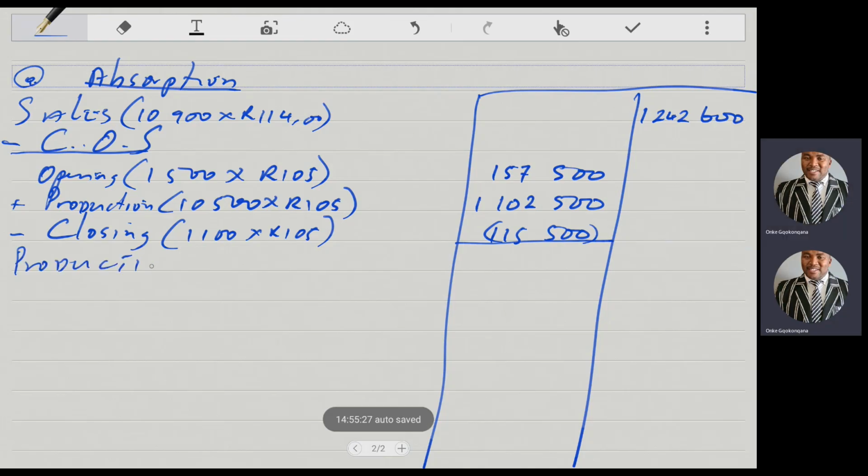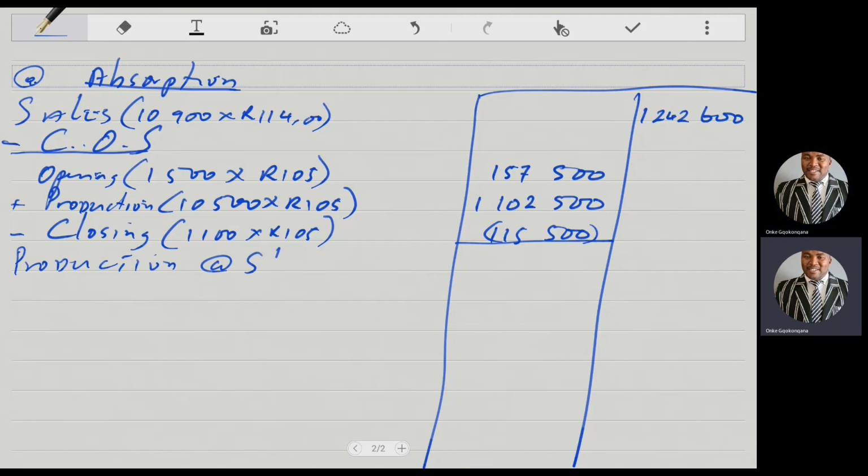Then we call this production at standard: 157,500 plus 1,102,500.